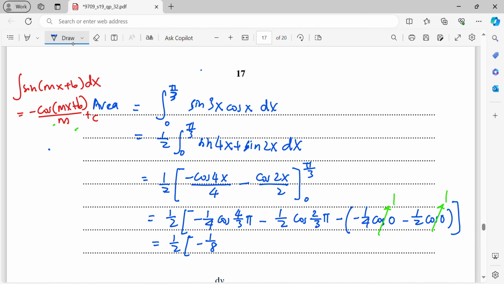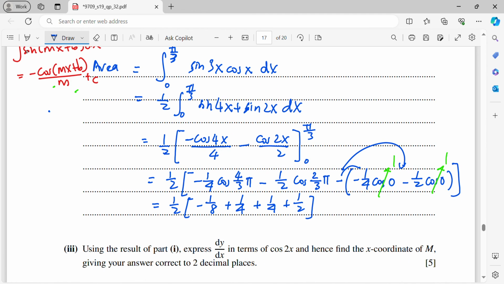Cos 2 over 3 pi multiplied by half, that is plus 1 over 4. Then this minus, bring it in, it will be plus for both values. So with this calculation, at last, you will be getting 9 over 16. So this is the exact area of the shaded region.